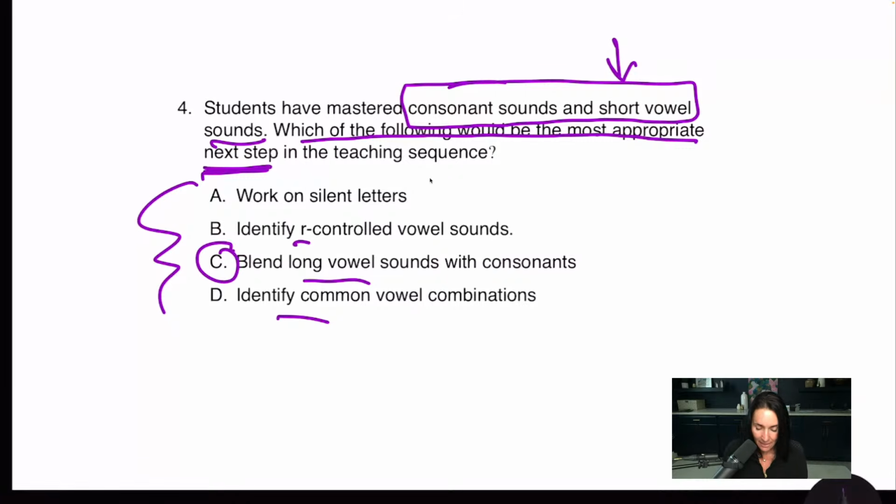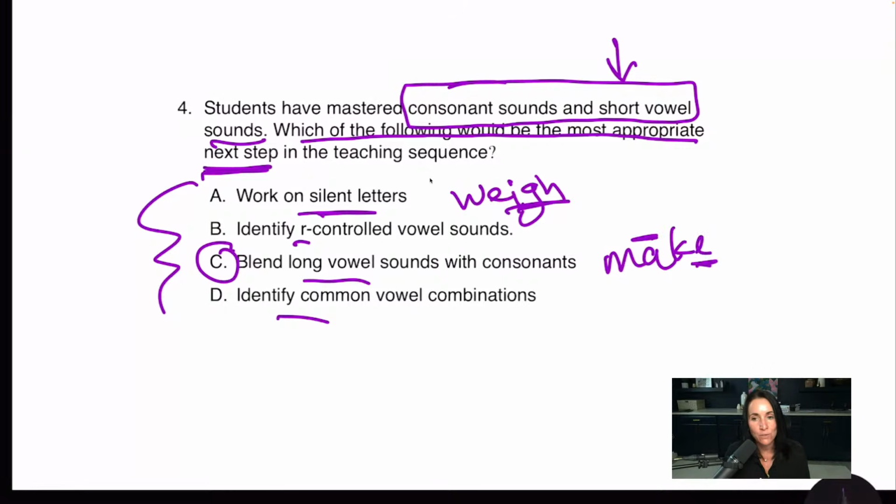Short and long. Silent letters, those can be more difficult. We're not there yet. Like in the word way, we've got some silent letters there. That's a much more difficult word than the word make. Yes, we have a silent E there, but we're also talking about long vowel sounds first. Then we can talk about why it's long.